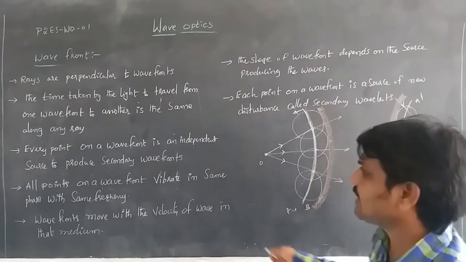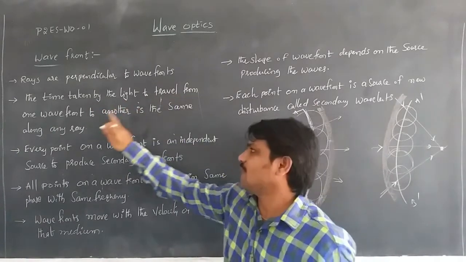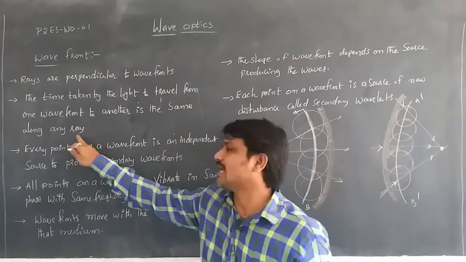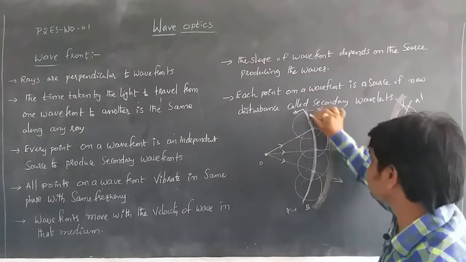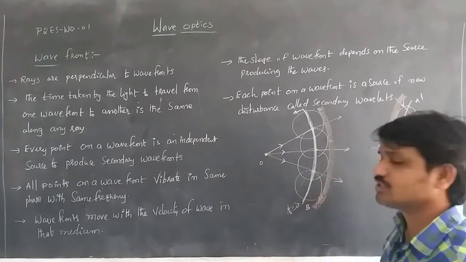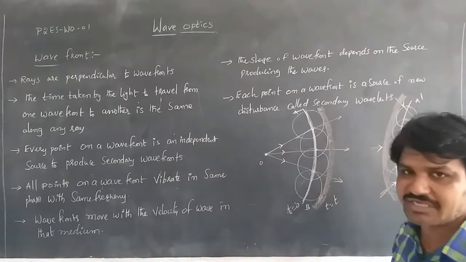That is it. Next one, the time taken by the light to travel from one wavefront to another is the same along any ray. This is the secondary wavefront and this is the primary wavefront. At time t equal to 0, this is the primary wavefront, and this will be after some time t.